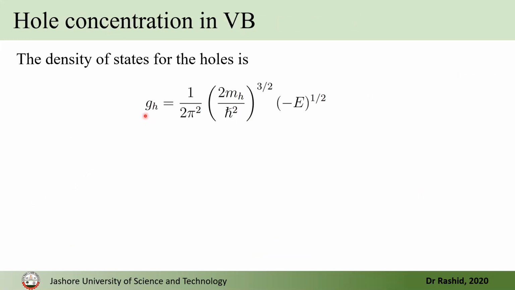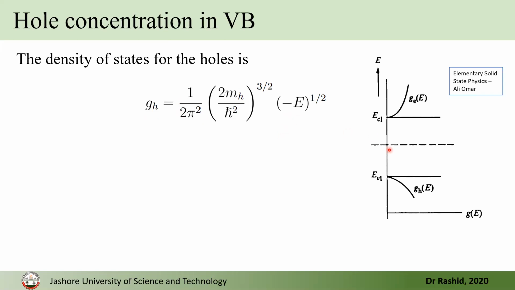So we write the density of states for the hole like this. Remember, we assume that this one is equal to 0. So when we use here minus E, actually this is positive because the energy below here is negative, as the 0 energy level is this one.